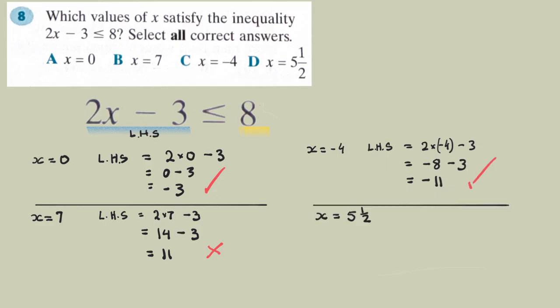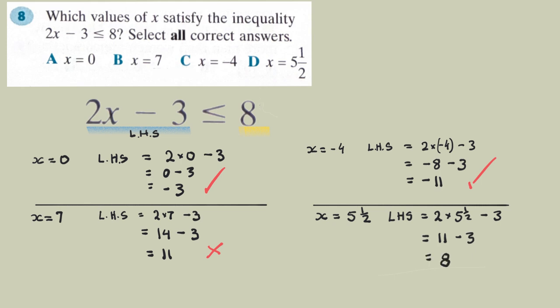Now we can look at when x is 5.5. The left-hand side, therefore, will be 2 times 5.5 minus 3. Now 2 times 5.5 is 11, minus 3, and the answer will be 8.